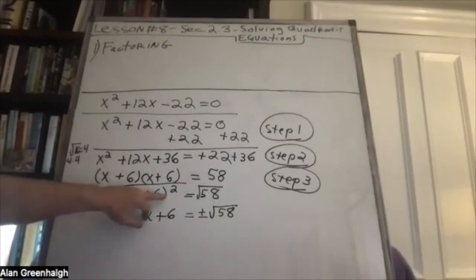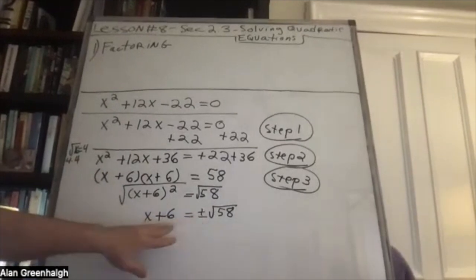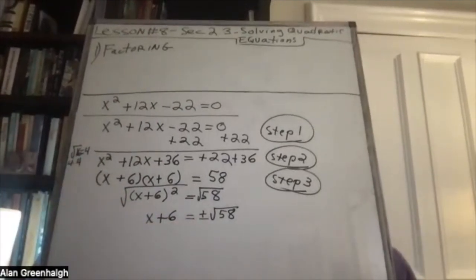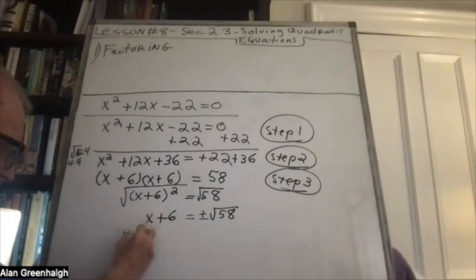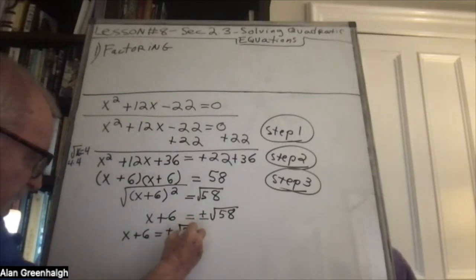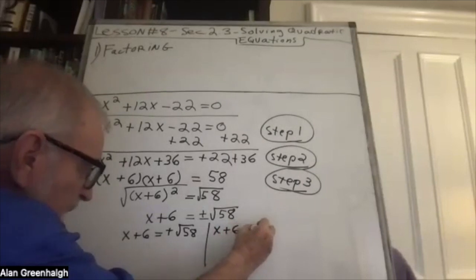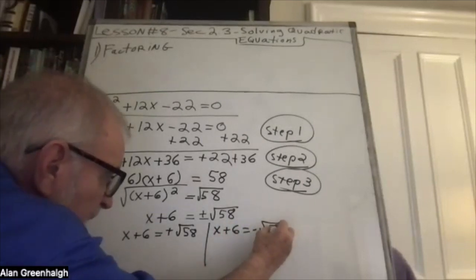Here we are anyway. So it's the same factor. It's x plus 6 squared. We take the square root of both sides. This is where we are right now. In other words, x plus 6 is equal to positive the square root of 58, and x plus 6 equals negative the square root of 58.